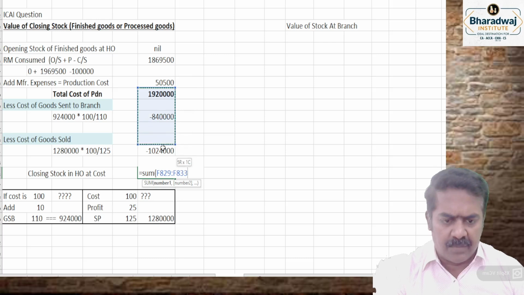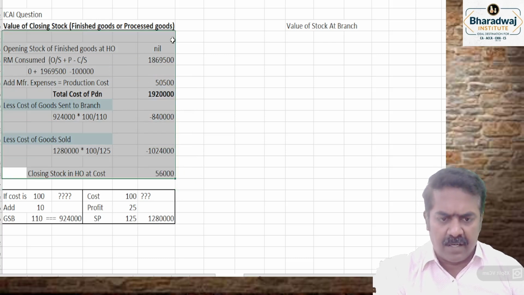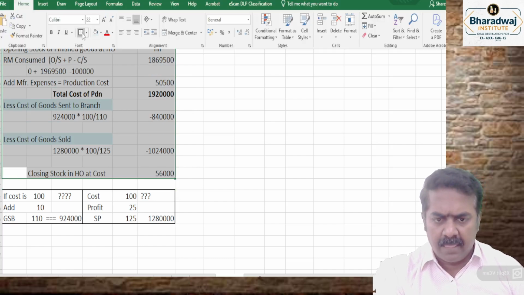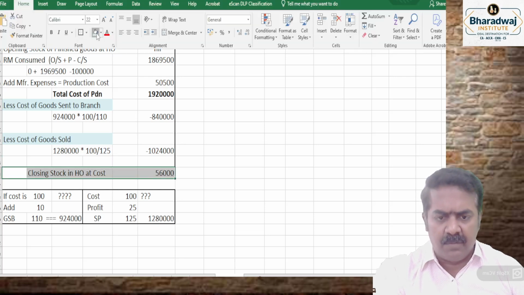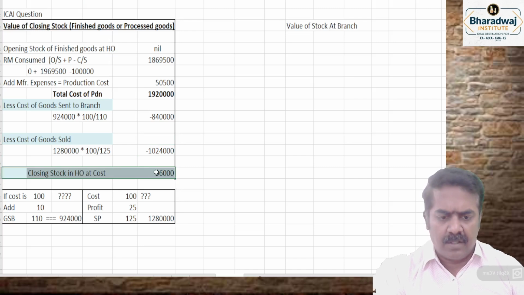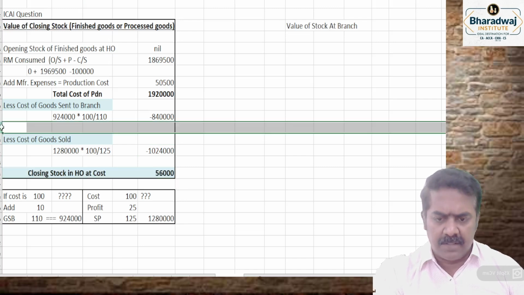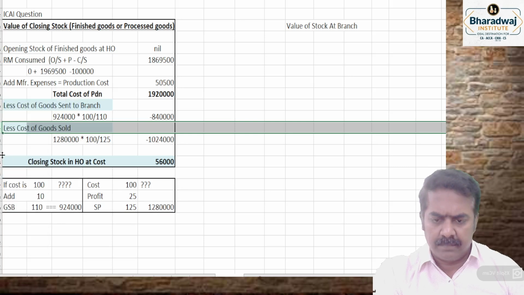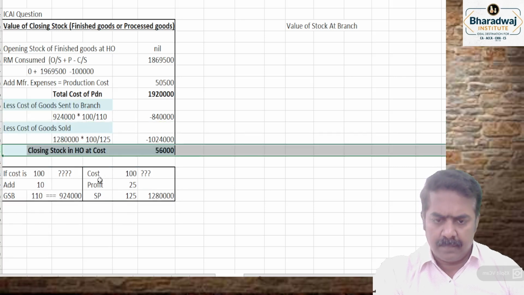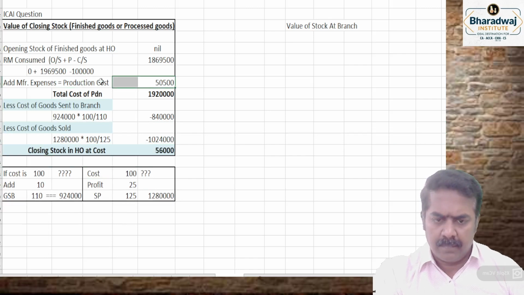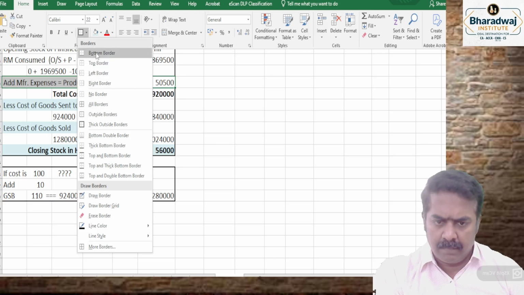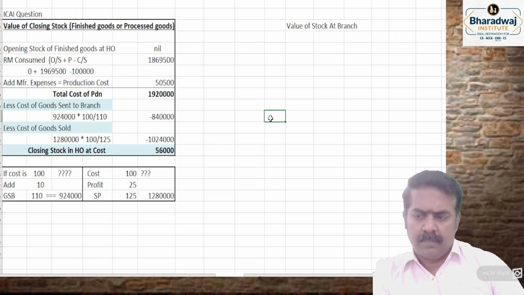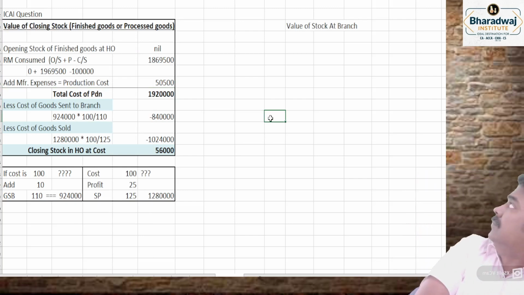19,20,000 minus 8,40,000 minus 10,24,000 will be the closing stock at head office at cost price. Normally this will be given as an adjustment. This is missing, we worked it out. Closing stock at what price? Cost price. Any doubt in it?